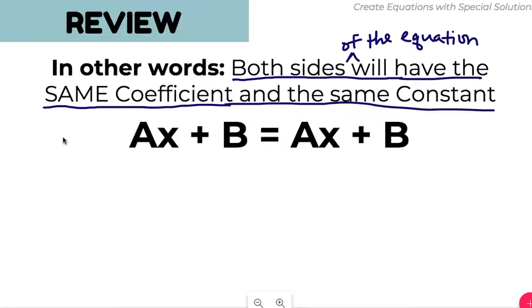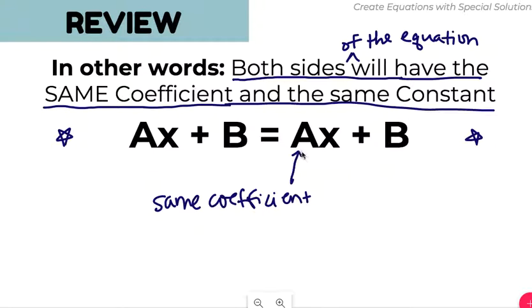Now what you have here, I want you to copy this sample equation down as well. But if we look at this, same coefficient. We have an A on the left and an A on the right. Same coefficient.